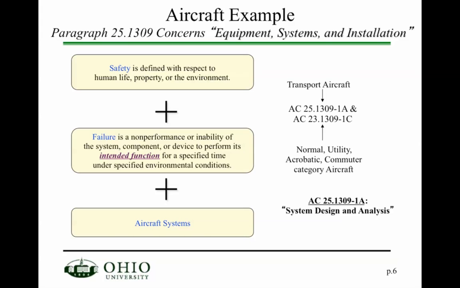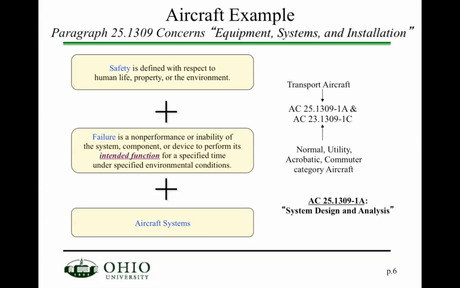In that particular paragraph, it talks specifically about the safety aspects. Now, since it's a very short description, if you go to 25.1309, you can find it on the web pretty easily. You can see that they talk about equipment, system, and installation. Well, to give a little bit more insight into that, the FAA has also released advisory circulars related to it.